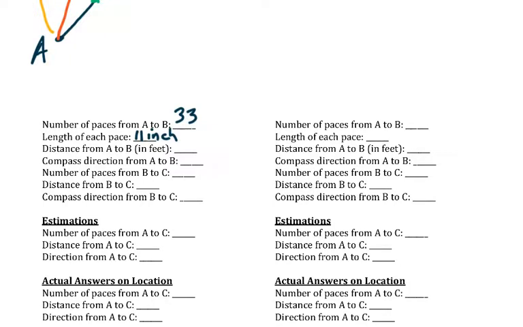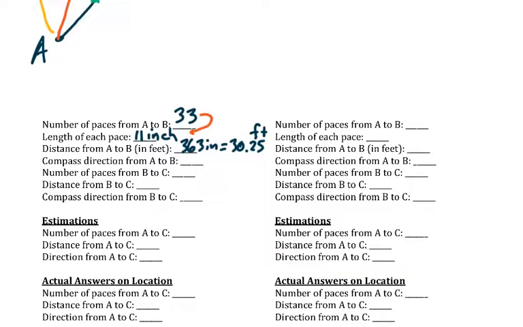Okay, well that means my actual distance from A to B, in terms of feet, is going to be my 33 times 11 inches per pace. So 33 times 11 gives me 363 inches, but I have to put it in terms of feet. So this would be 30.25, and we get feet by dividing your inches by 12.